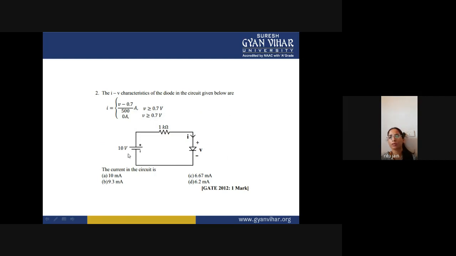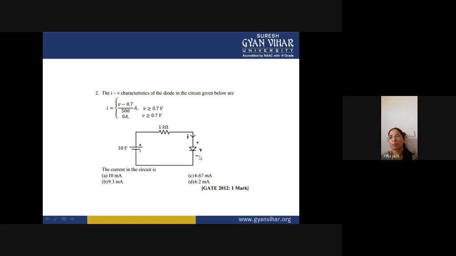So here is a DC voltage source, a 1 kilo ohm resistor, and this is your diode. The question is asking for the current flowing through this circuit, I ampere. You can easily calculate it if the diode is conducting. First you have to apply KVL: 10 minus 1 kilo ohm times I minus 0.7 volt, and I equals (V minus 0.7) upon 500.